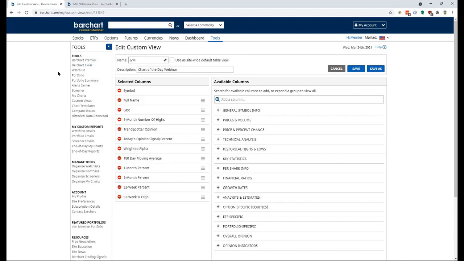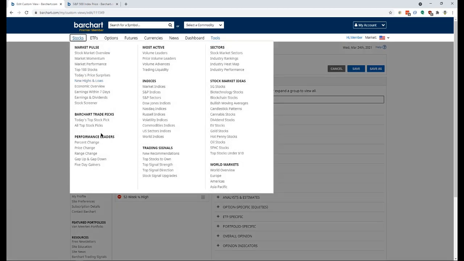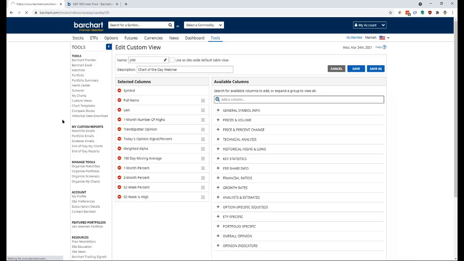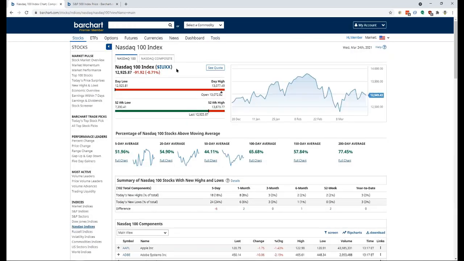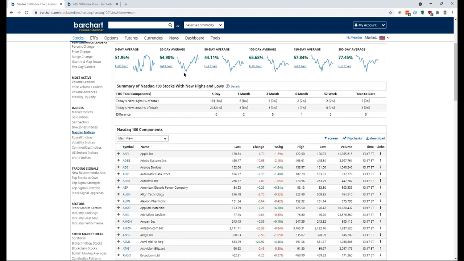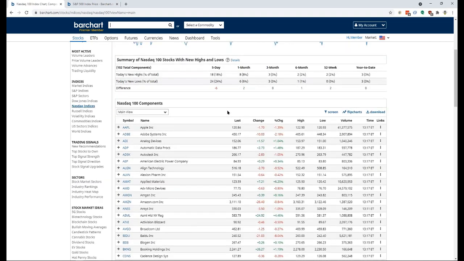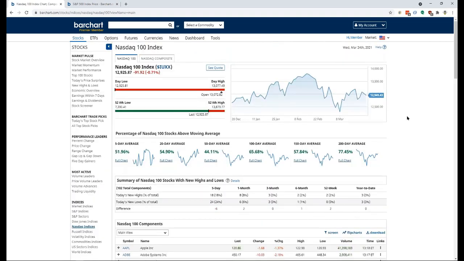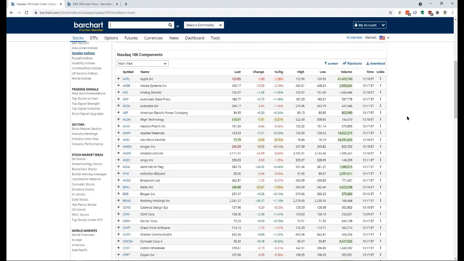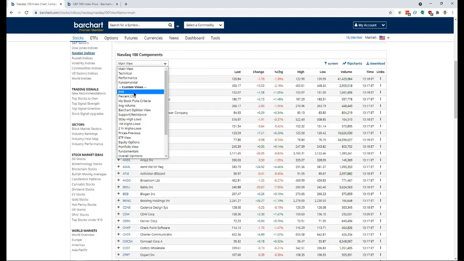Under stocks, just bring up the NASDAQ 100. We'll use this. Just picture the NASDAQ 100 as being your portfolio. Now click down, instead of the main view, bring up my view.